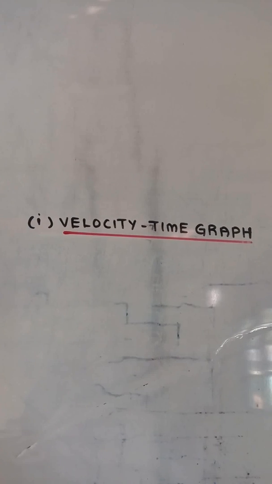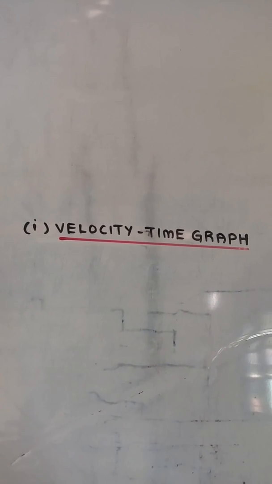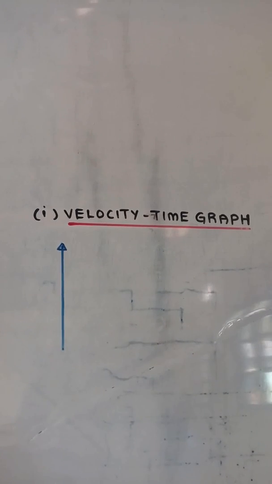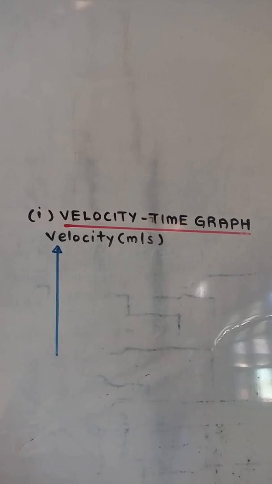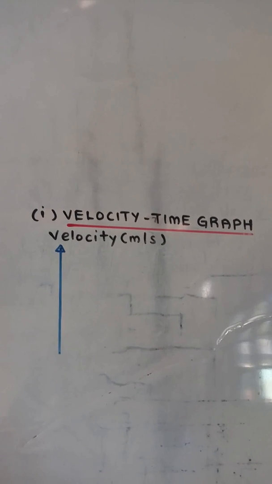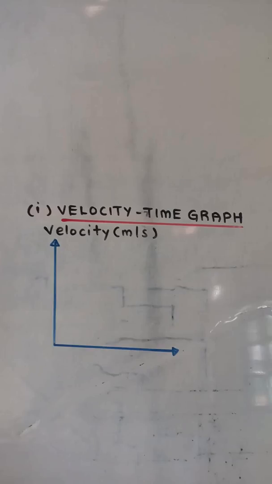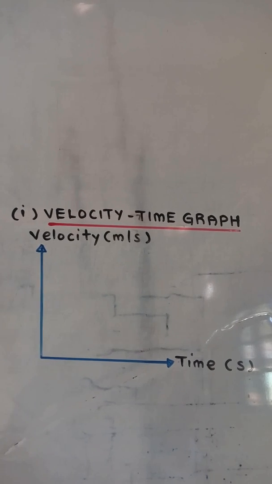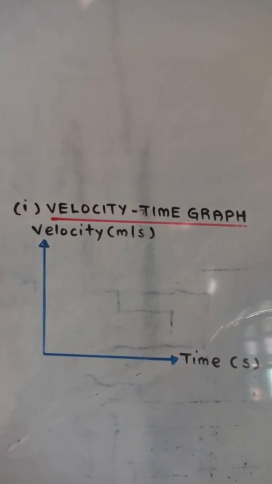Solution. Roman 1. Velocity time graph. Velocity in meters per second. Time in seconds.